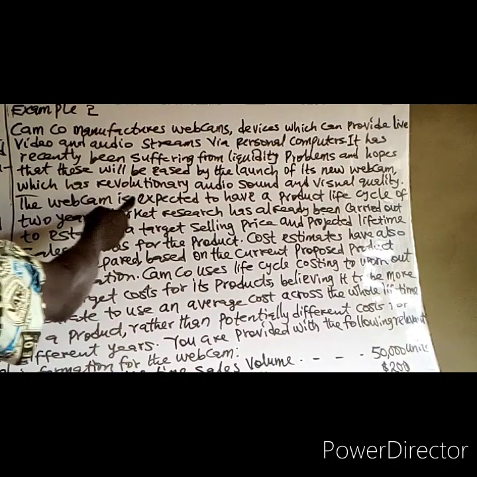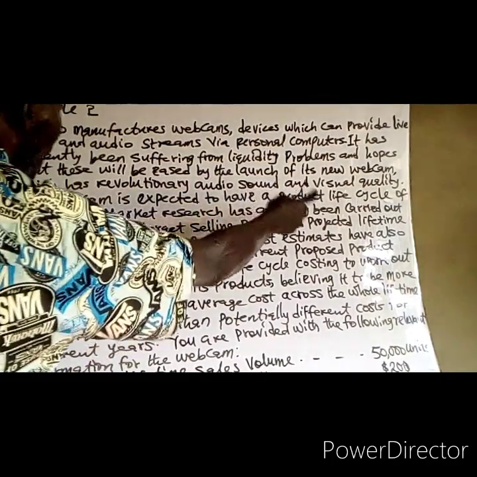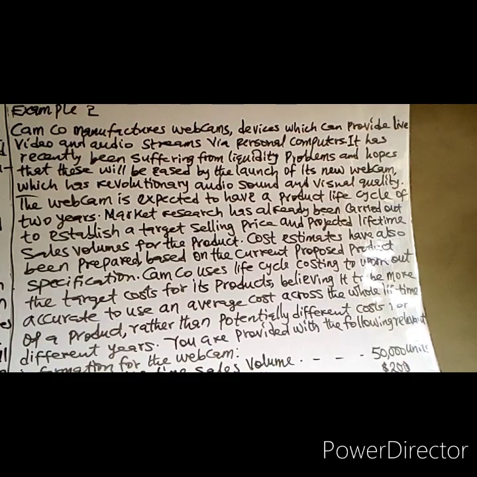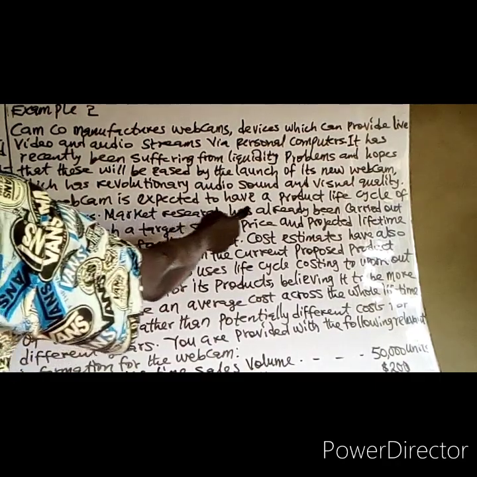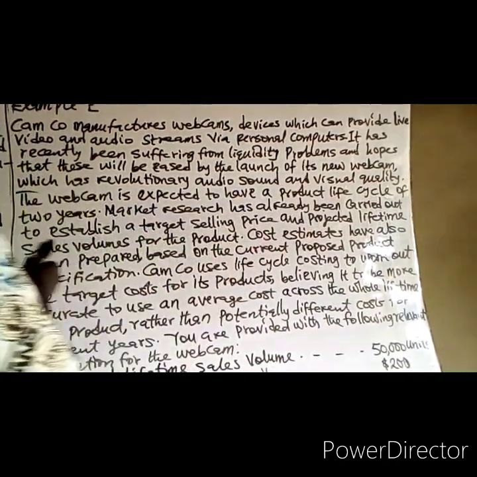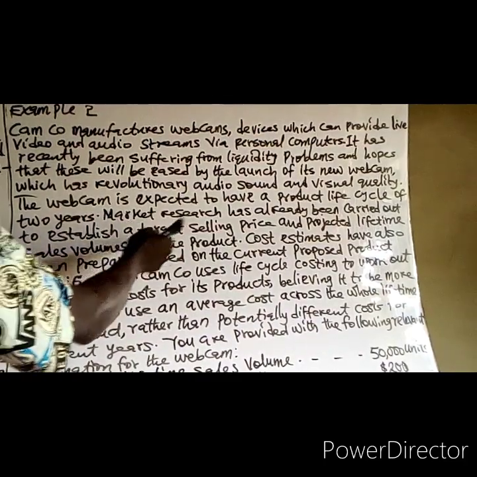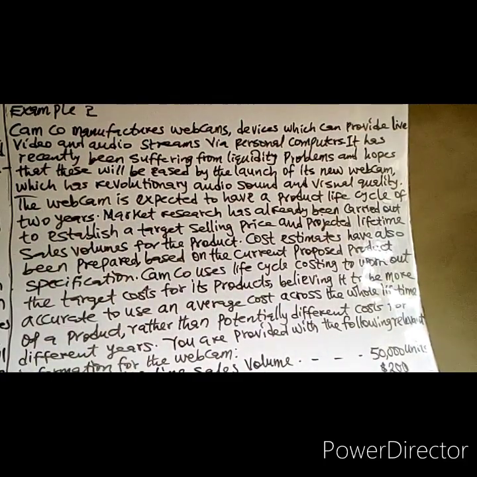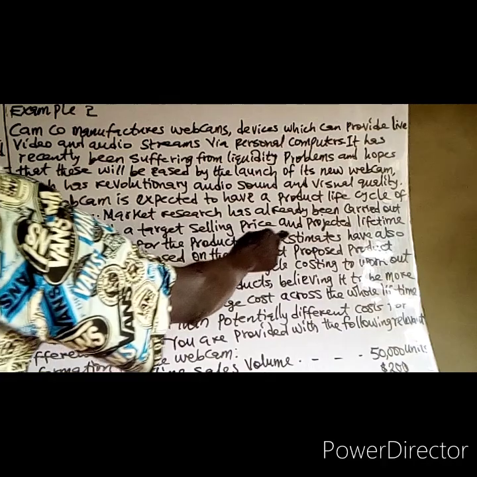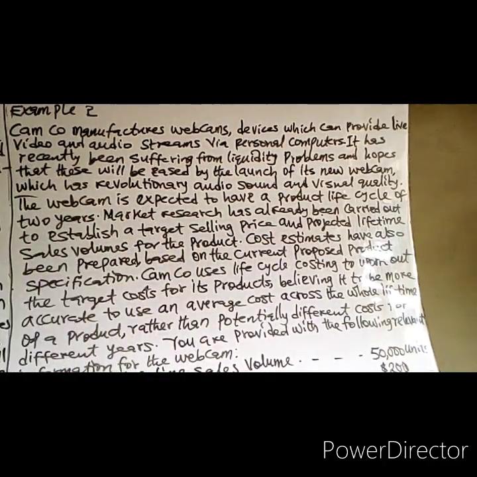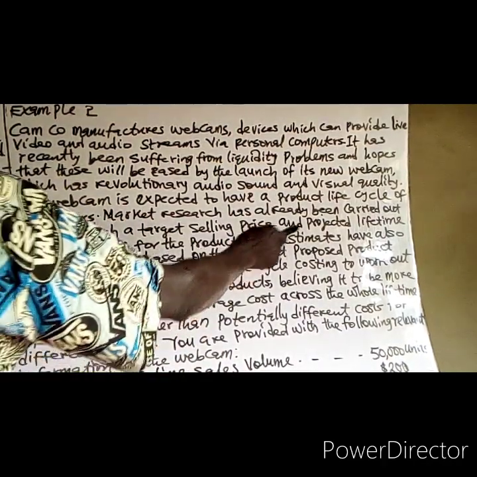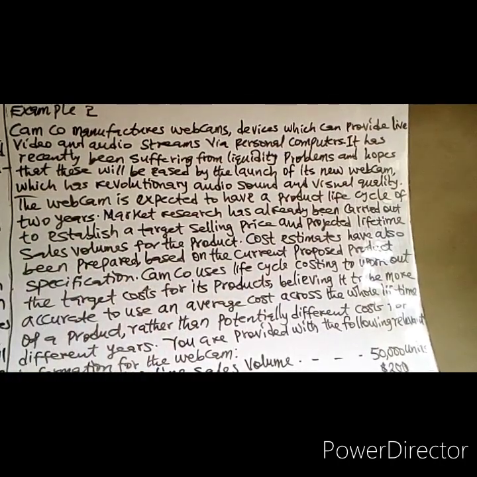The webcam is expected to have a product life cycle of 2 years. Market research has already been carried out to establish a target selling price and projected lifetime sales volumes for the product. Cost estimates have also been prepared based on the current proposed product specification.